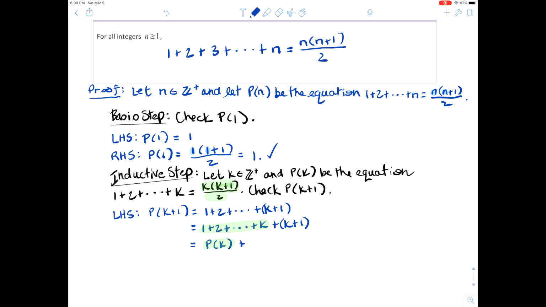Oh, and let me finish, sorry. Plus our K plus 1. I'm just keeping it grouped so you see the difference. All right, so then what was P of K? It was K times K plus 1 over 2. And then we're still adding our K plus 1. Well, in order to add that, we want to get a common denominator, right?